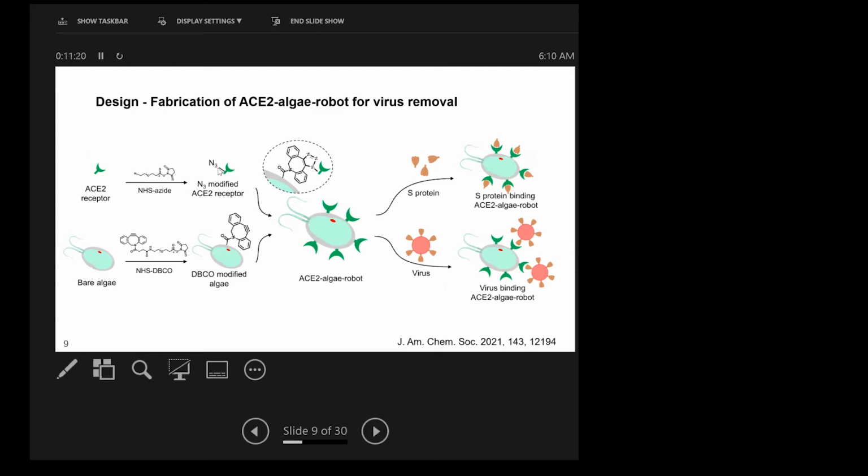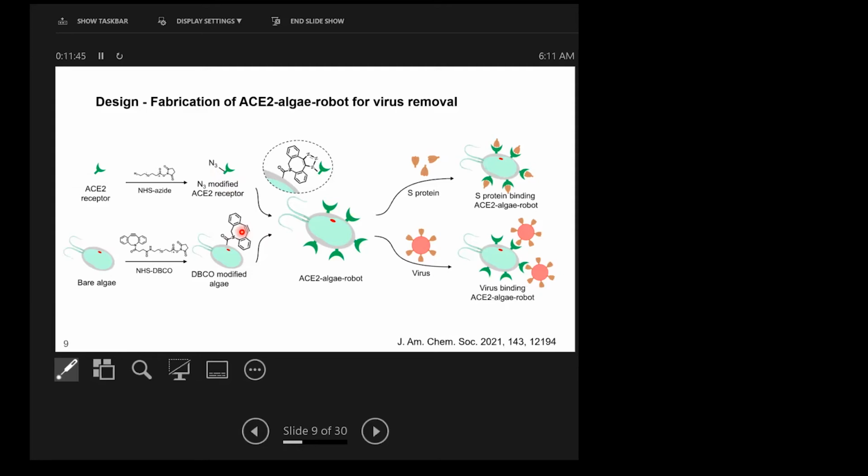Specifically, this azide can be functionalized onto the ACE2 receptor, and this DBCO can be functionalized onto the algae surface.